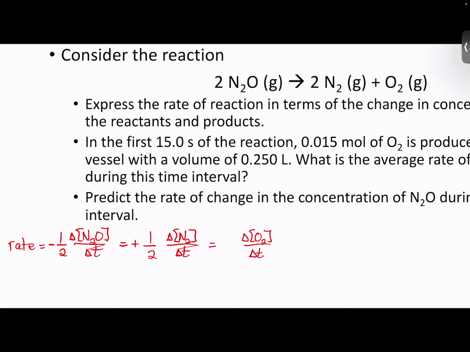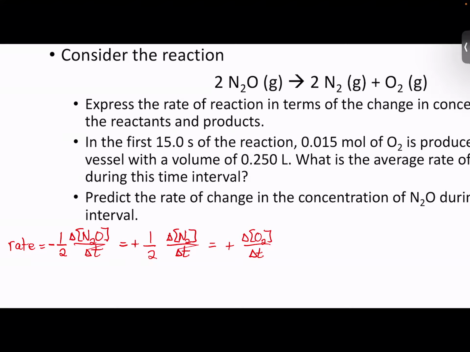Again, that's going to be positive because it is a product. The next thing says, in the first 15 seconds of the reaction, 0.015 moles of oxygen is produced in a vessel with a volume of 0.250 liter. What is the average rate of reaction during this time interval?